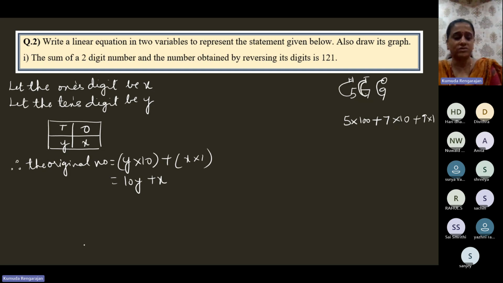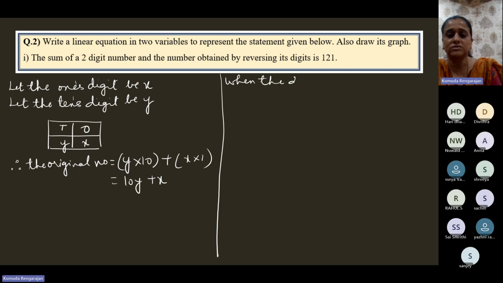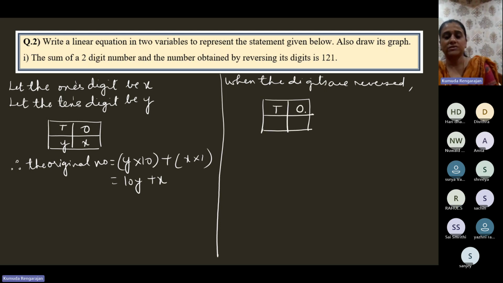Now the digits are reversed. When the digits are reversed, what happens? x comes here and y here.